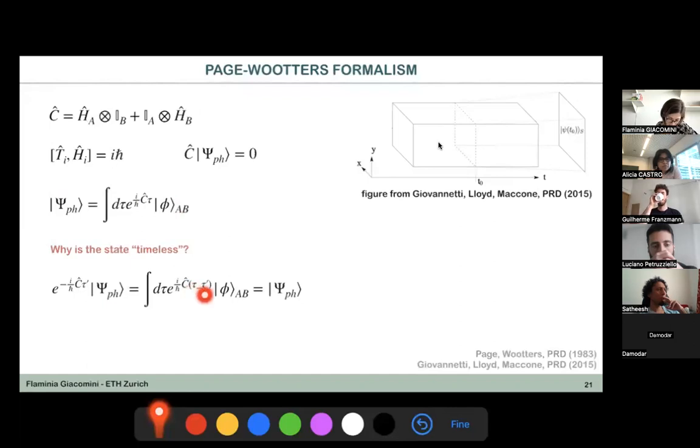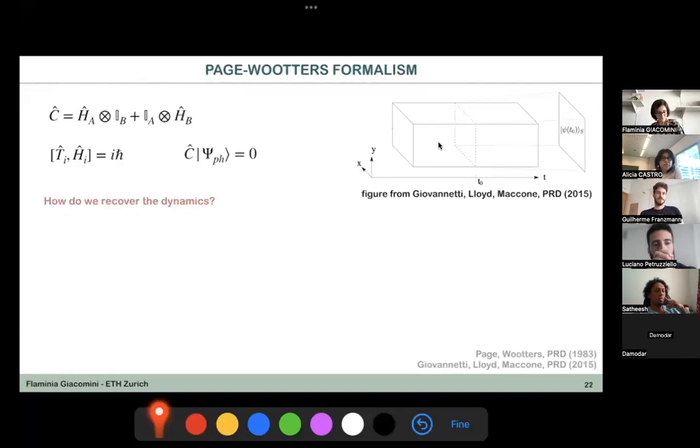So you get tau minus tau prime, and then you can change the integration variable from tau to some other parameter, and this gives you exactly the same state. So basically, this state does not evolve in time, if you naively interpret that as a Hamiltonian.